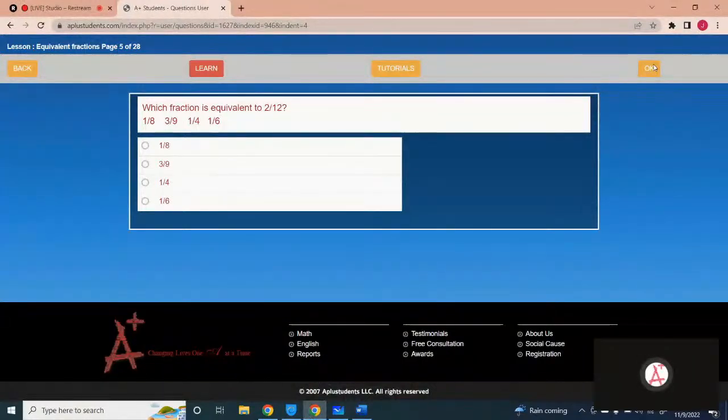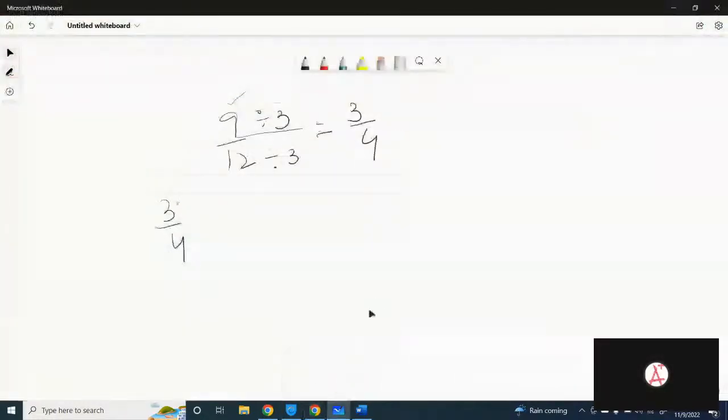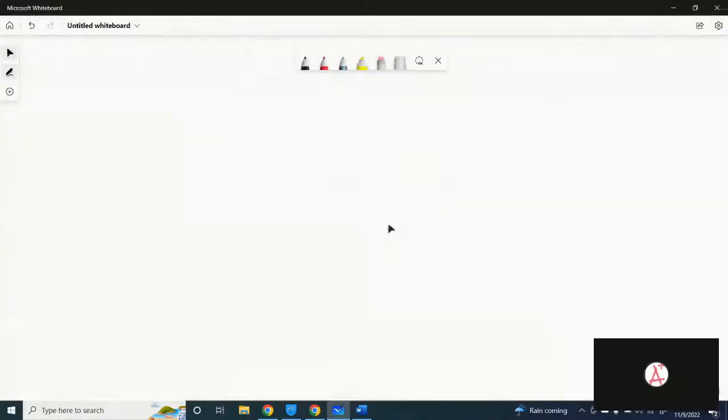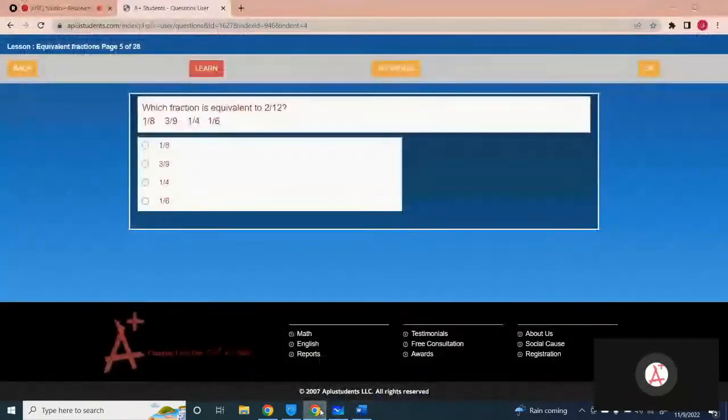Okay, which fraction is equivalent to 2 over 12? 1 by 8, 3 by 9, 1 by 4, and 1 by 6. So the correct option is 1 over 6.